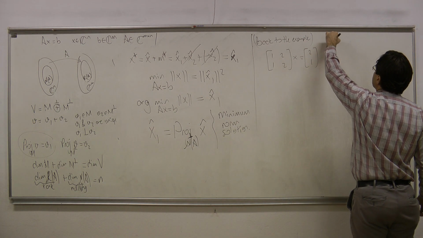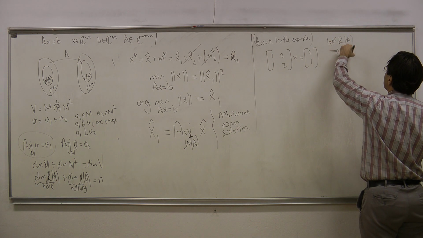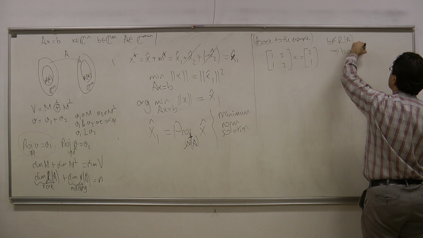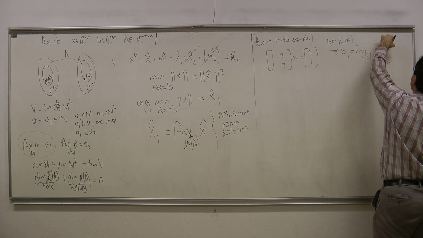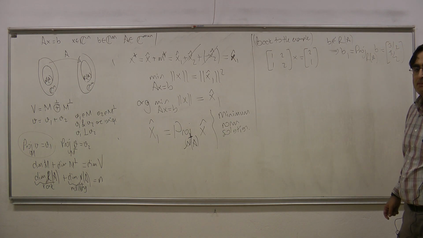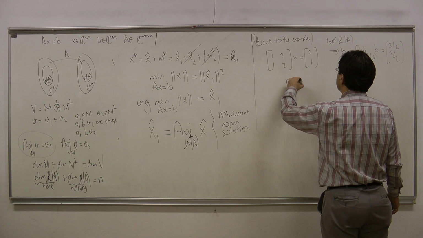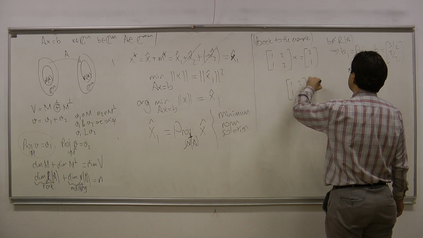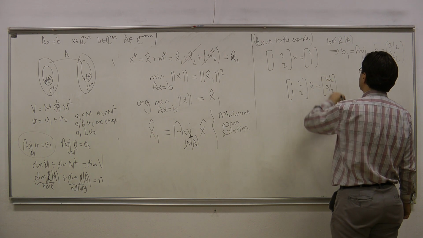So b was not inside the range space of A. That means I need to calculate b1, which is the projection of b onto the range space of A, and this turned out to be 3 over 2, 3 over 2. And then I need to find the solutions of the matrix 1, 1, 2, 2 times x hat equal to b1, which is 3 over 2, 3 over 2.